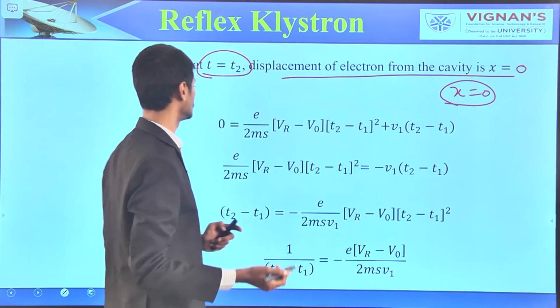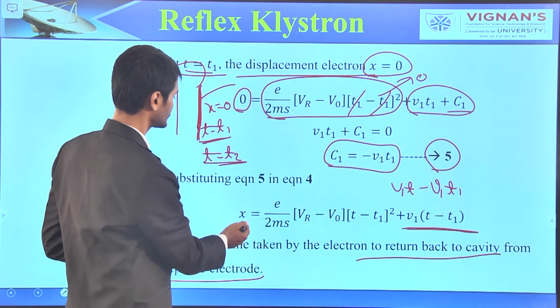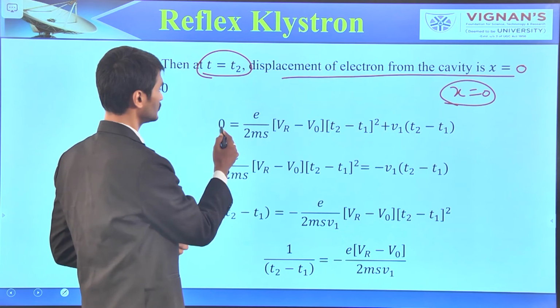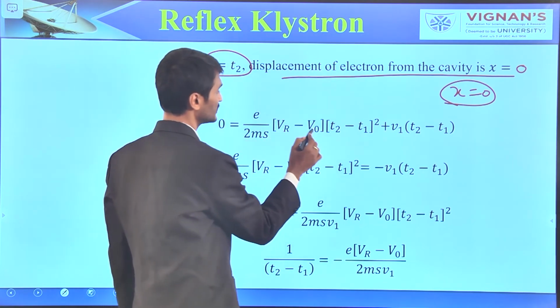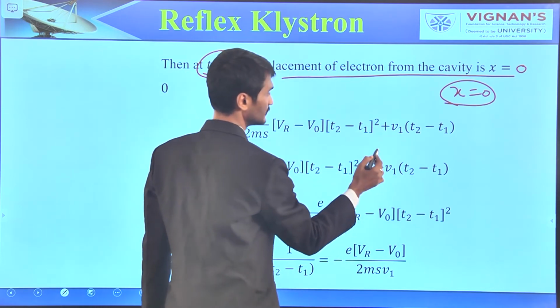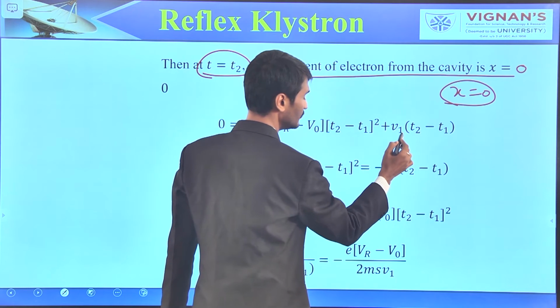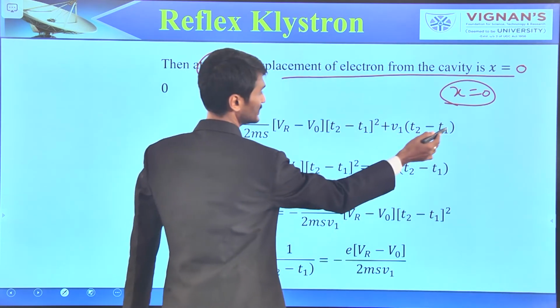So x equals 0: E by 2 ms into (Vr minus V0) into (T2 minus T1) squared plus V1 into (T2 minus T1).